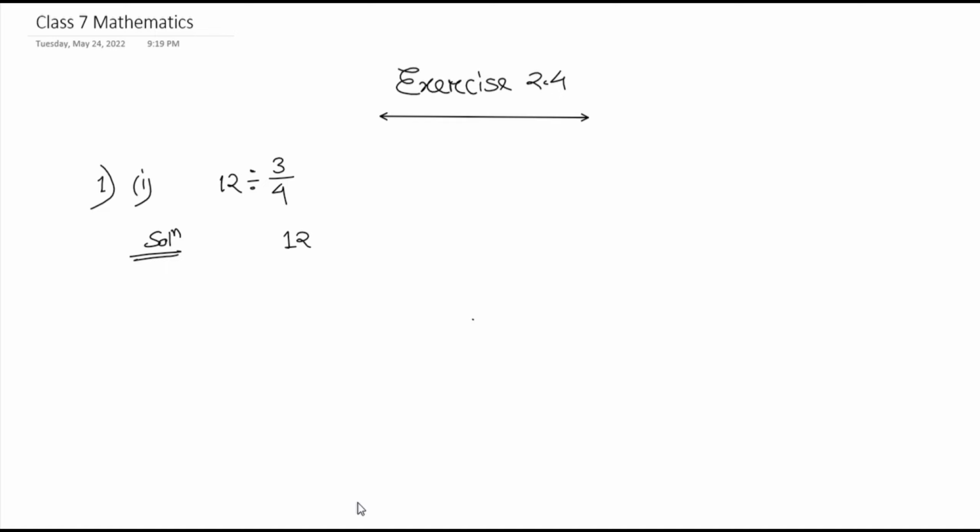Then instead of division sign you have to put multiplication symbol और उसके बाद जो next number है यहाँ पे 3 by 4 उसका हम लोग लिखेंगे reciprocal जो है 4 by 3. The technique is that instead of division symbol you have to write product sign और उसके बाद जो भी नंबर है तुम्हारे सामने में उसका रेसिप्रोकल लिखना पड़ेगा. सो यहाँ पे 3 by 4 जिसका रेसिप्रोकल है 4 by 3 तो मैंने यहाँ लिख दिया.